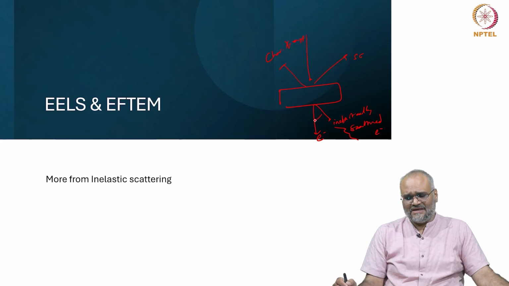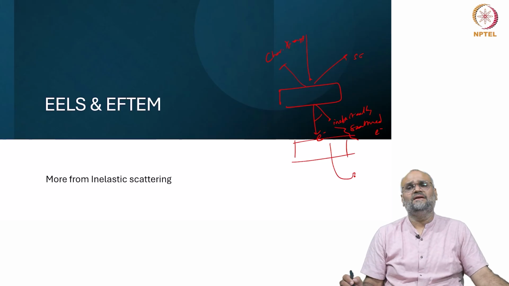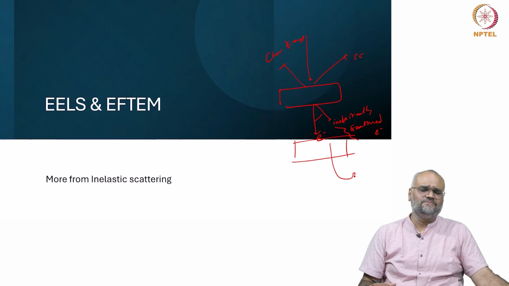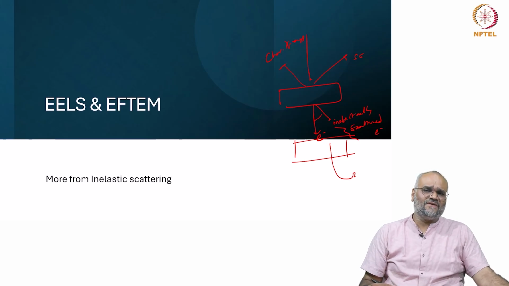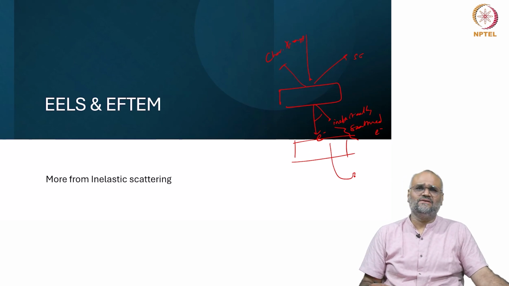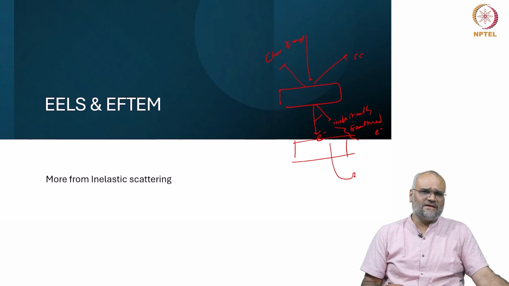If I can collect the forward scattered electrons and disperse them as a spectrum, I can quantify the chemical signature and the functional properties of a material as well. We'll look at how this is done. We'll primarily focus in the first part on how the construction is, and in the second part we'll look a little more at the application.